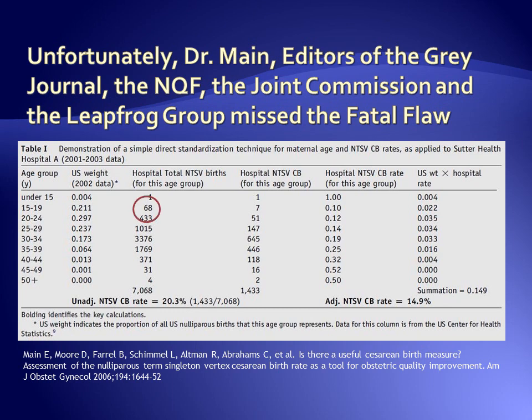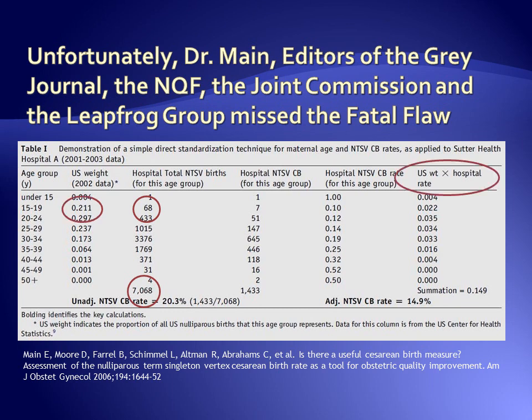For example, this is the table from Dr. Main's study, and if your hospital has the same age distribution as Dr. Main's hospital, you will find that there are only 68 patients in the 15 to 19-year-old age group. These 68 patients make up only 1% of the 7,068 births.